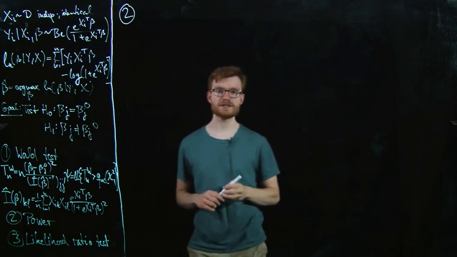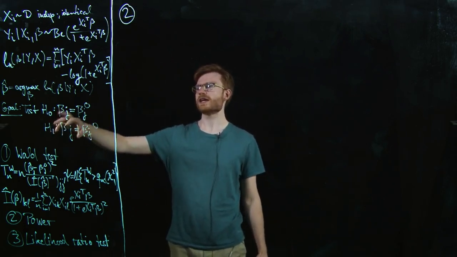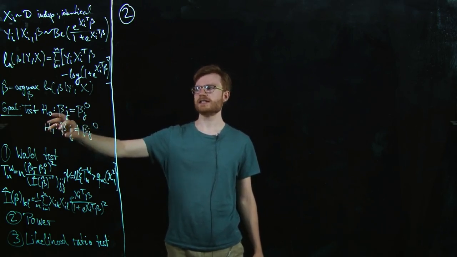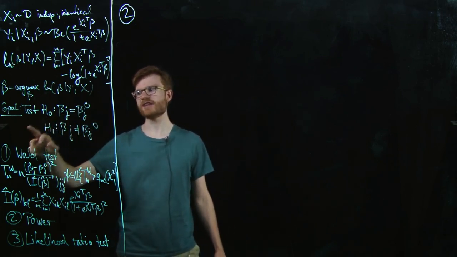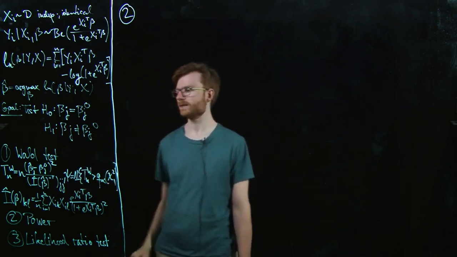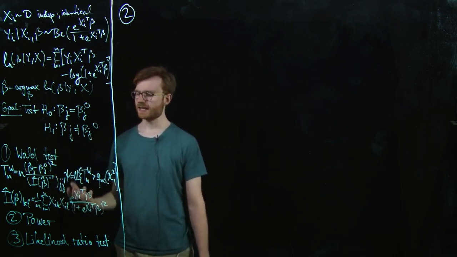Remember, power was defined as 1 minus type 2 error, type 2 error being the error of falsely not rejecting the null hypothesis, that is, accepting the null hypothesis when in fact beta j is not equal to beta j naught. But then look at our test statistic.